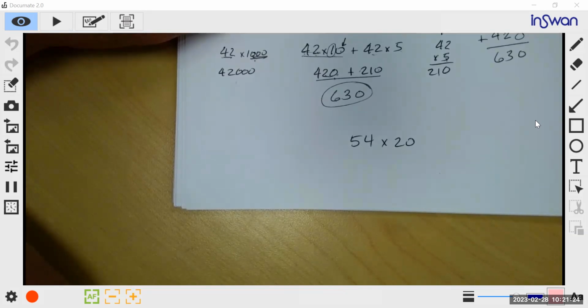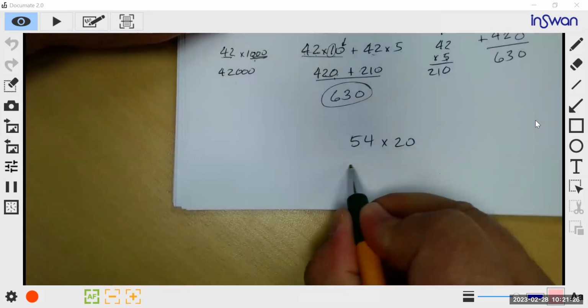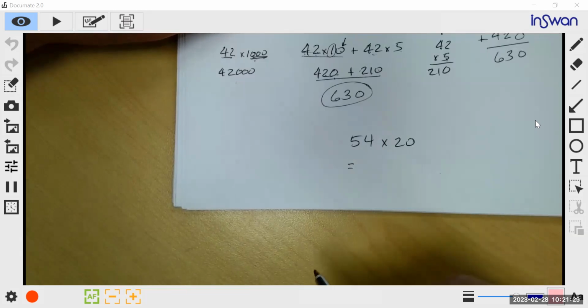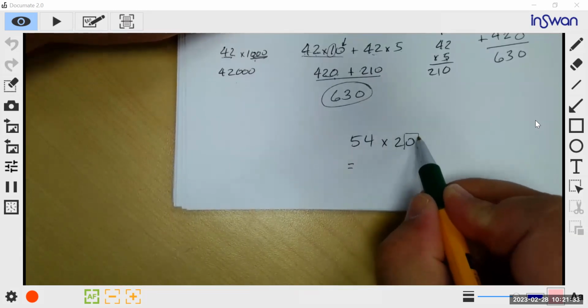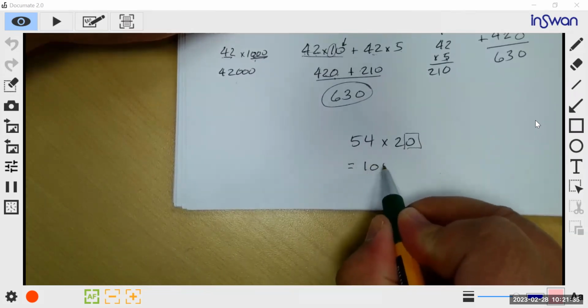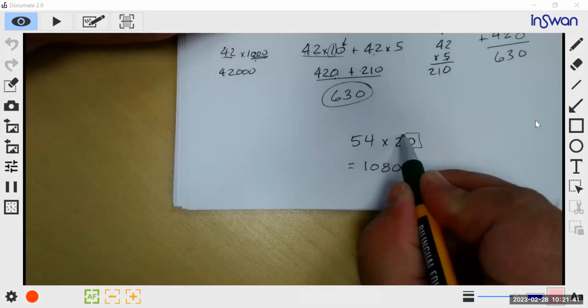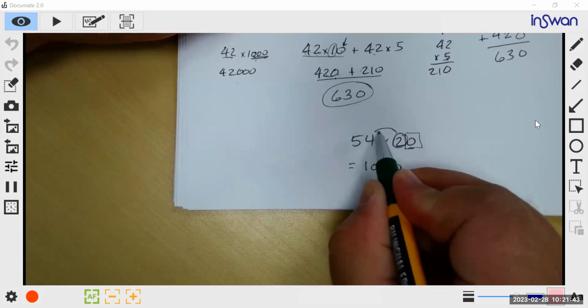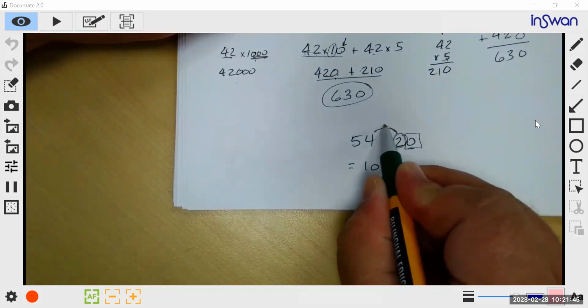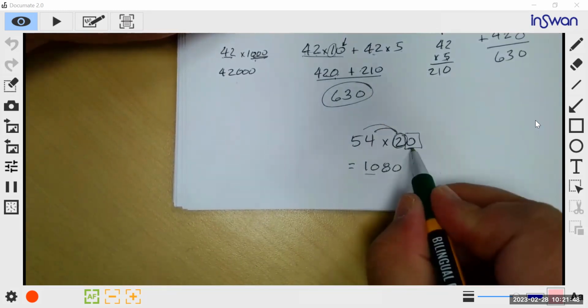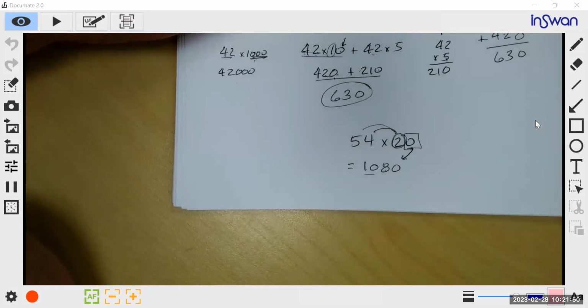What would that one be? Yeah, so all we have to do is take this 2, multiply it by 4 is 8. 2 times 5 is 10. And just put that 0 at the end.